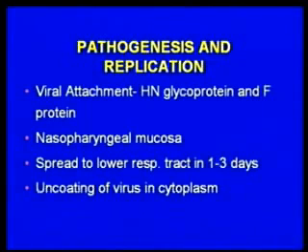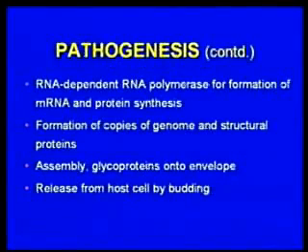And at a cellular level, once the virus attaches to the susceptible host cell, there's uncoating of the virus, entry into the cytoplasm, and then following that, the actual replication of the virus takes place. I do not want to go into a whole lot of detail on viral replication, because that has been covered in a lot of detail elsewhere.